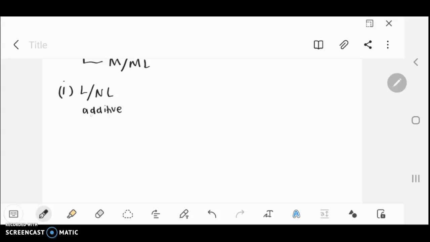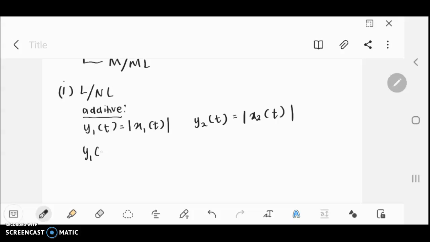So firstly, y1(t) equal to x1(t), and y2(t) equal to x2(t). Now we have to just add these two.